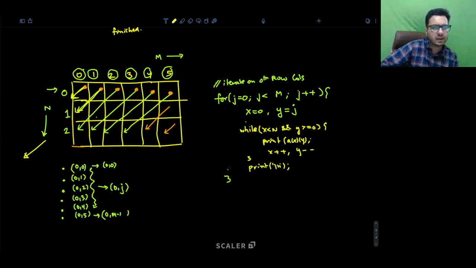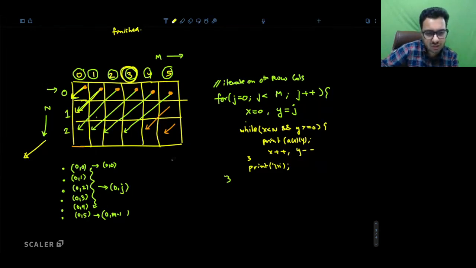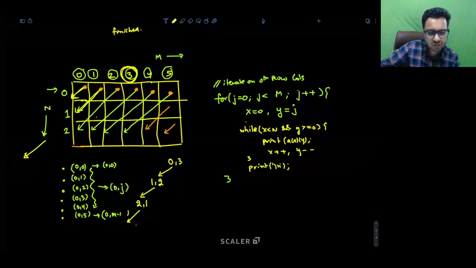Yes, Sheetal, you are right. Y is greater than or equal to 0. See, if you start from this third location, you're saying, okay, I started from 0 comma 3, I came here, which is x plus plus, 1 comma 2, I came here, which is 2 comma 1, and I came here, which is 3 comma 0.